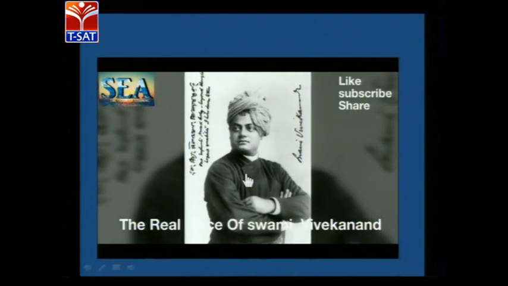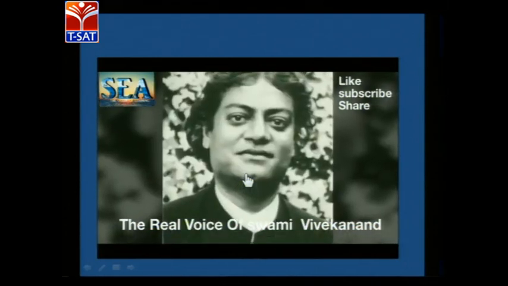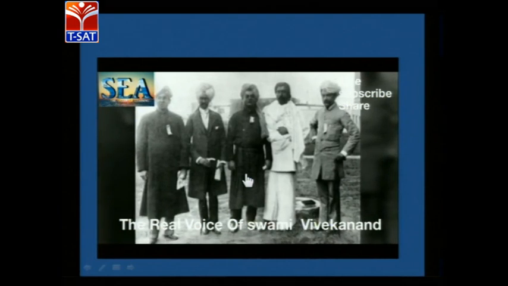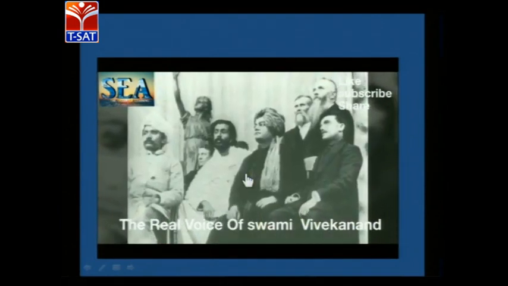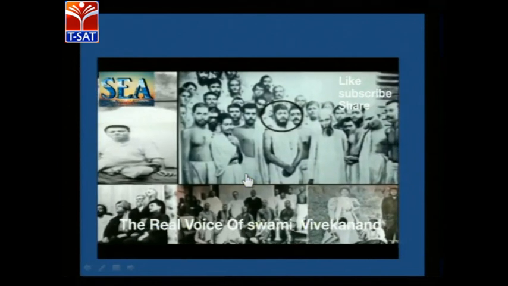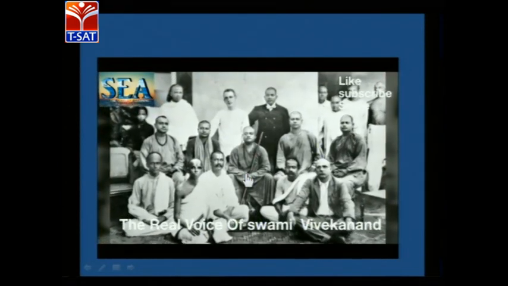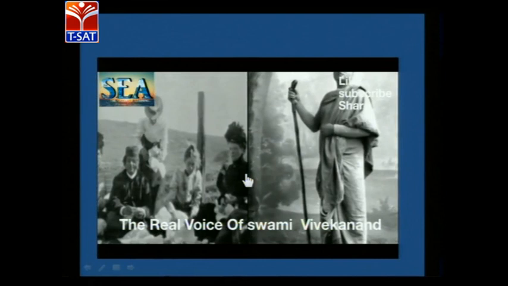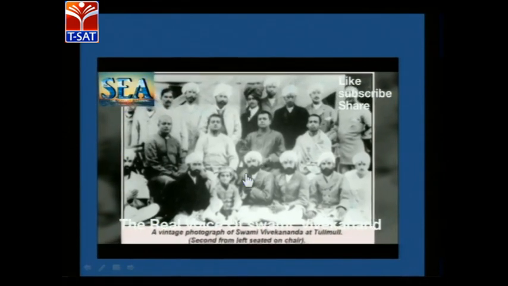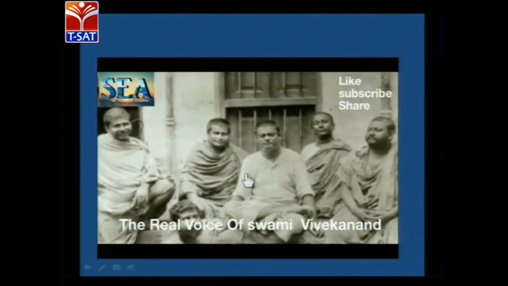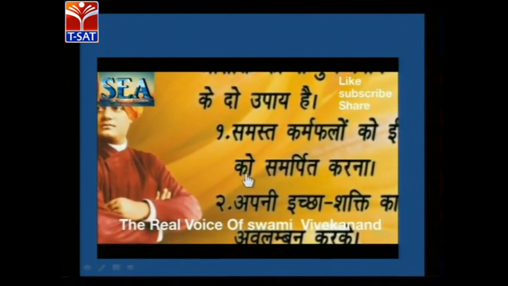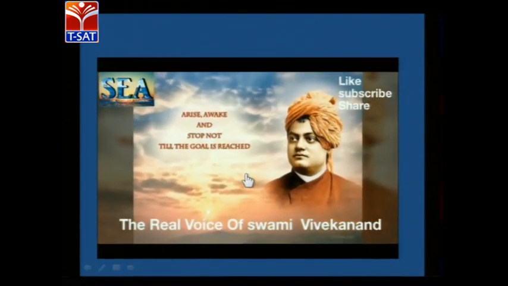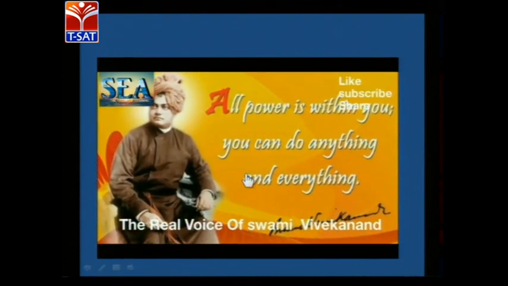My thanks also to some of the speakers on this platform who, referring to the delegates from the Orient, have told you that these men from far-off nations may well claim the honor of bearing to different lands the idea of toleration. I am proud to belong to a religion which has taught the world both tolerance and universal acceptance.